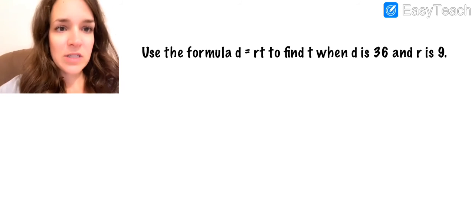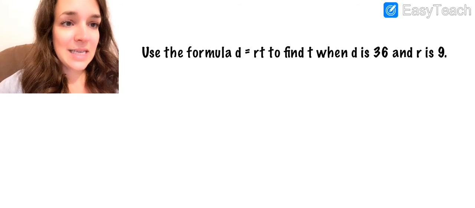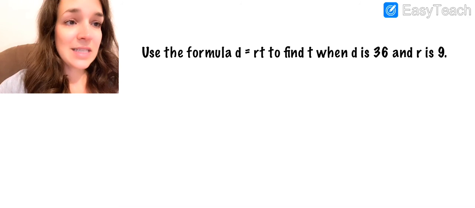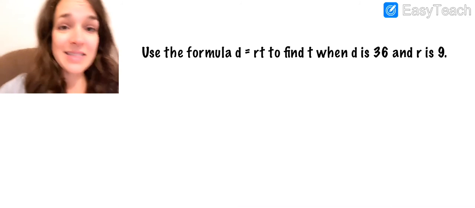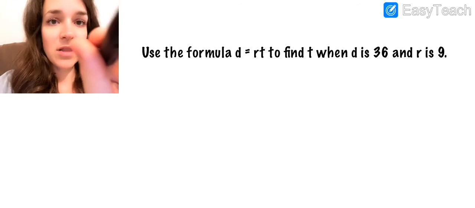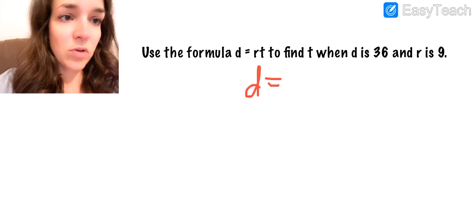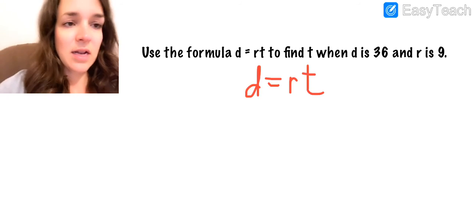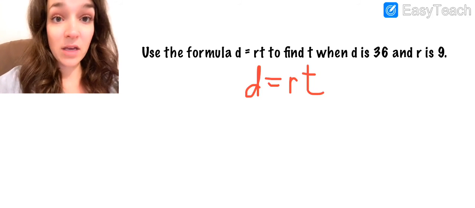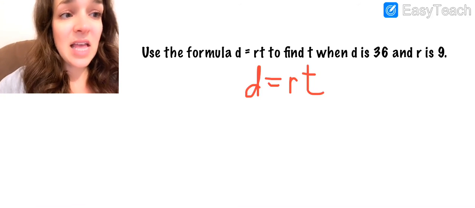So the first one says use the formula D equals RT to find T when D is 36 and R is 9. Okay, so we're given this formula. So we've got D equals RT. Now, we are substituting. So they're telling us D is 36.